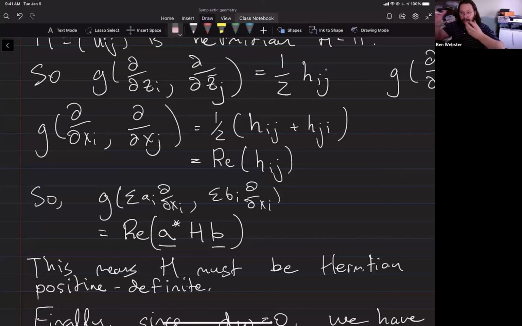So the other reason people think about H is that it's the matrix that describes the metric, which a lot of people think of as the natural thing to look at in the Kähler setting. And that half comes from the fact that there are two real coordinates corresponding to every complex coordinate.